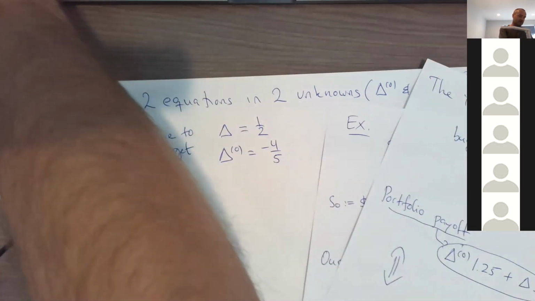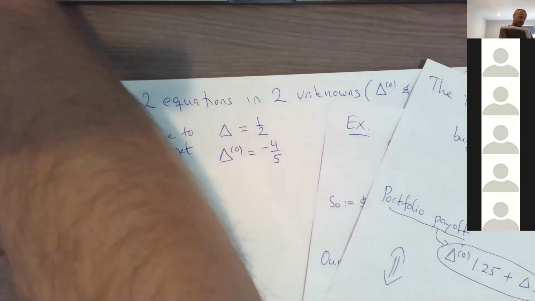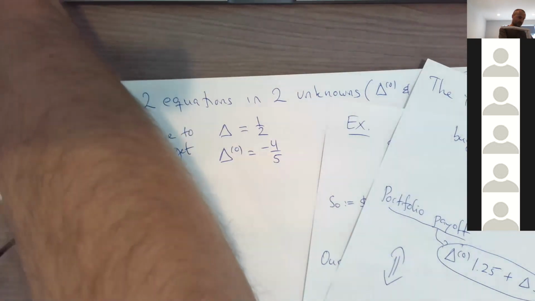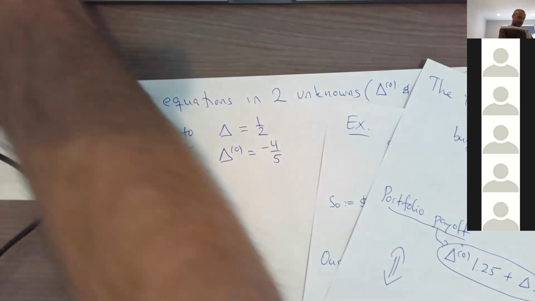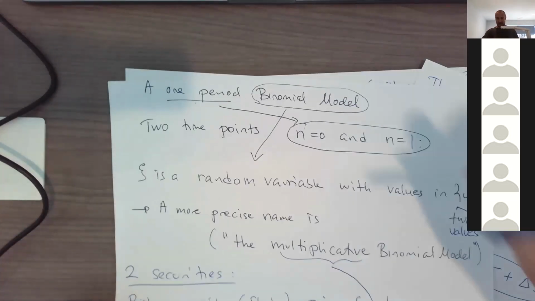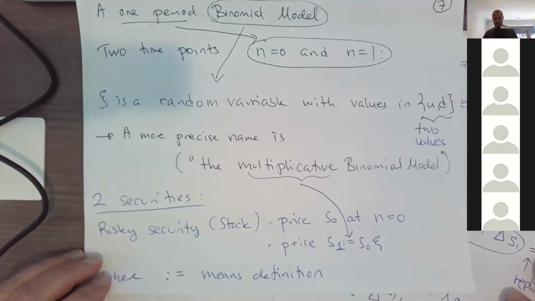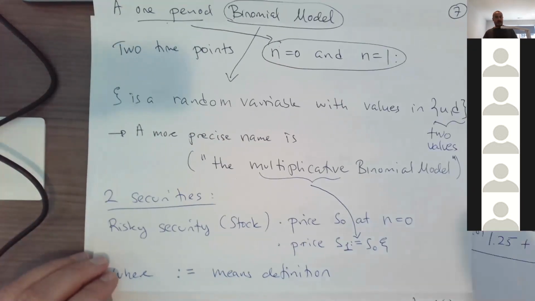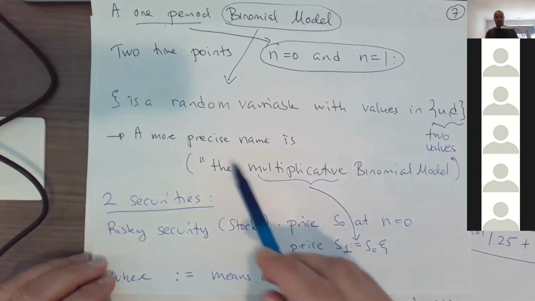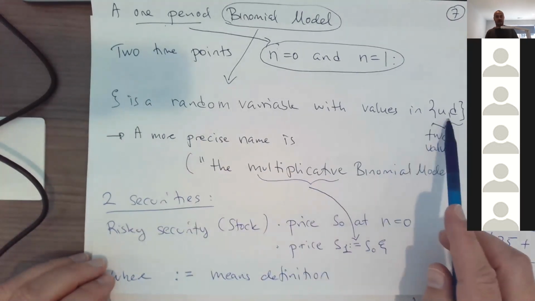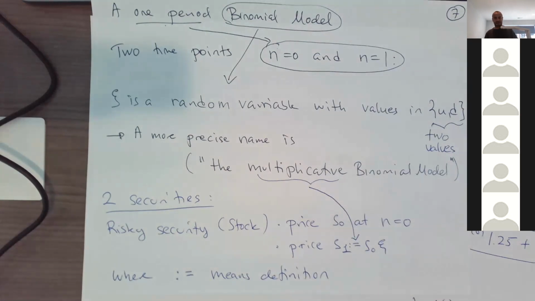All the way from the very beginning, either I forgot or I deliberately did not say anything about the probability of this random variable taking these two values. It was not mentioned.